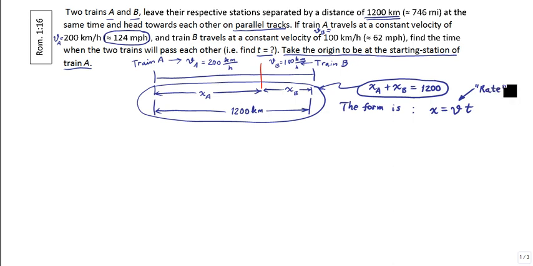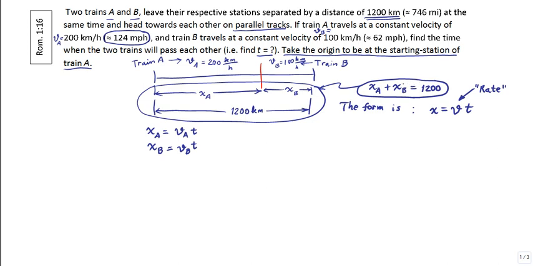Now let's go ahead and write the two rate equations. So for train A, we have x sub A is equal to v sub A times the time. For x sub B, we have the rate v sub B times the time.